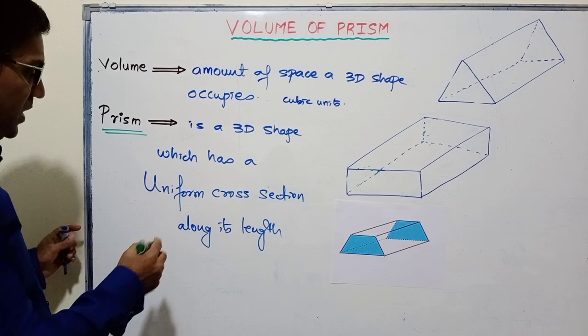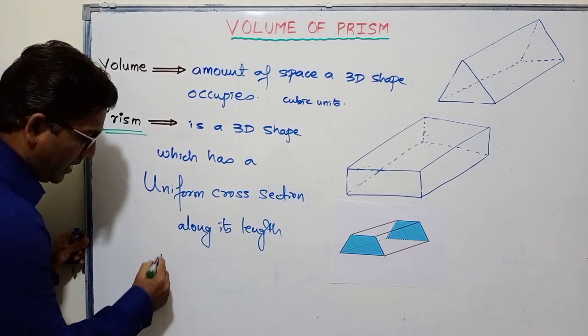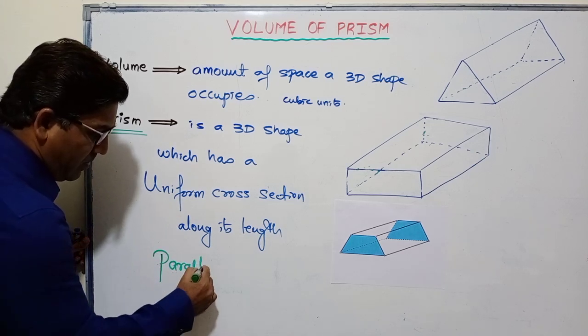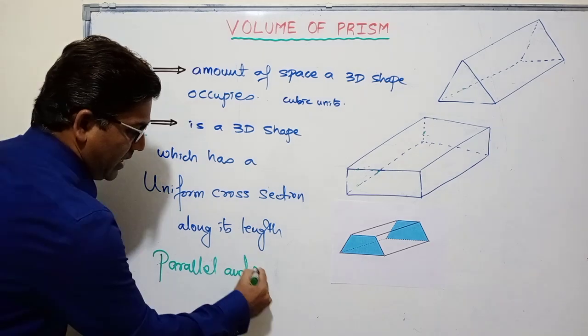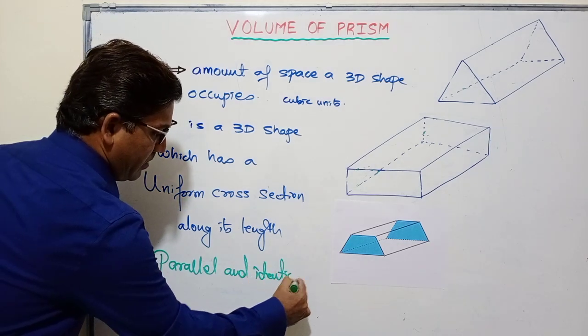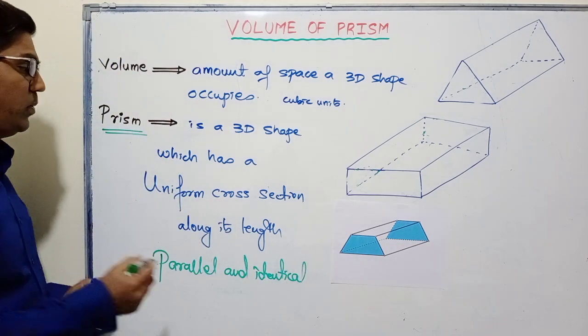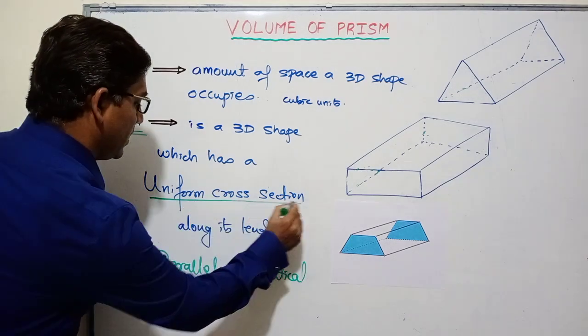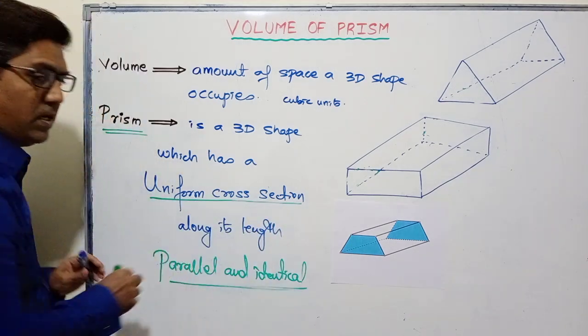This uniform cross section, these faces are parallel and identical. Okay, let's try to understand what we mean by uniform cross section and what are parallel and identical faces.